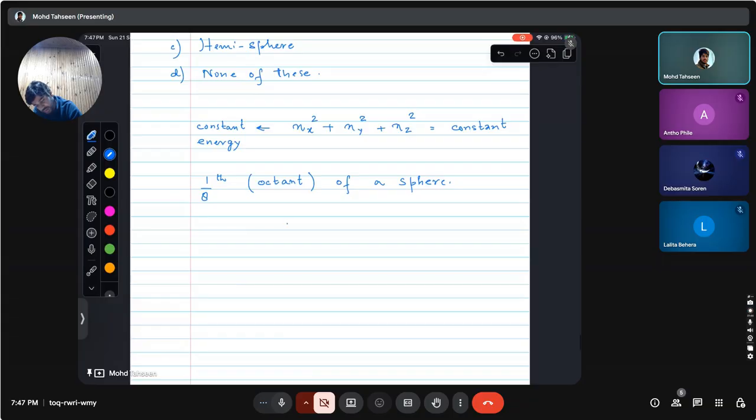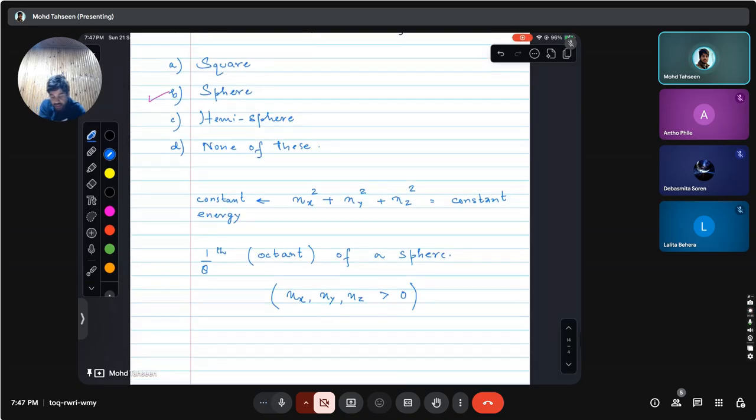Because nx, ny, nz must all be greater than 0, it never describes a full sphere. It will at best describe 1/8 of a sphere, and that too if the energy levels are constant.